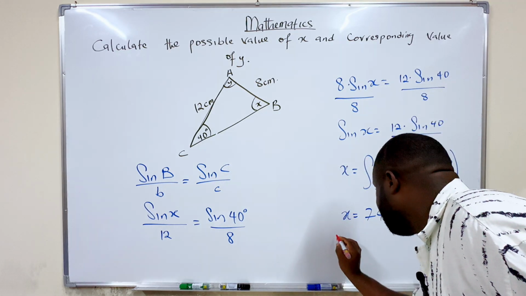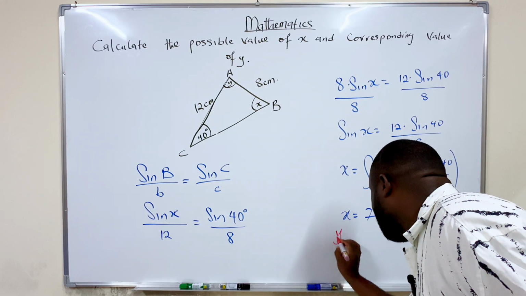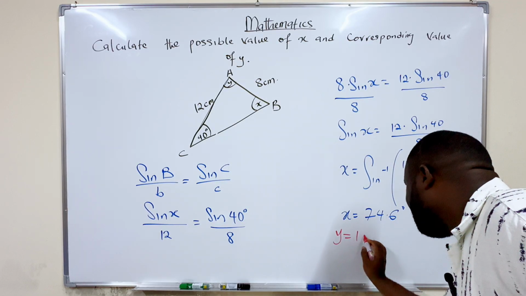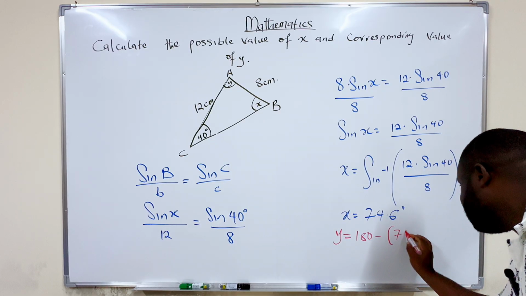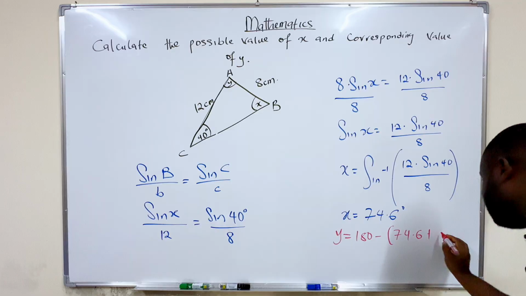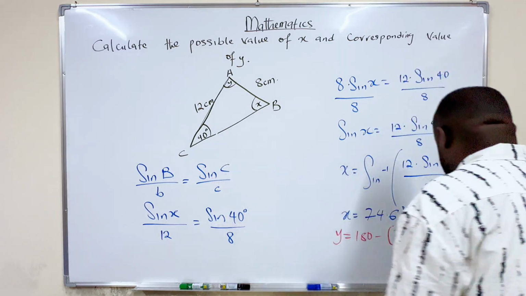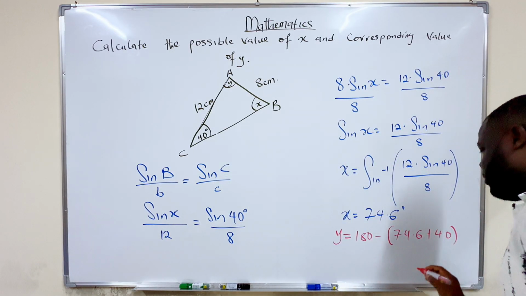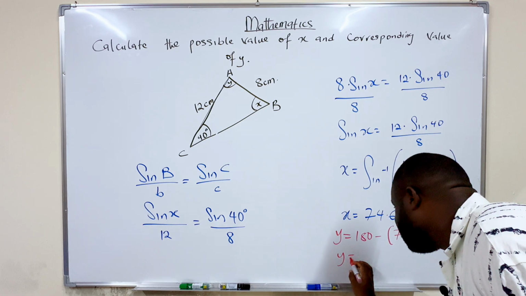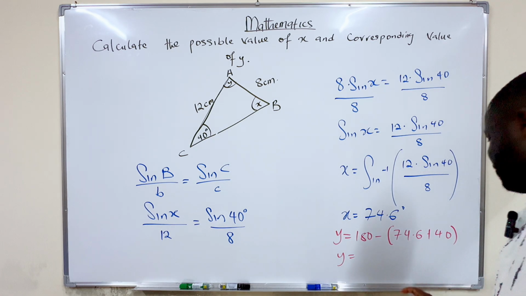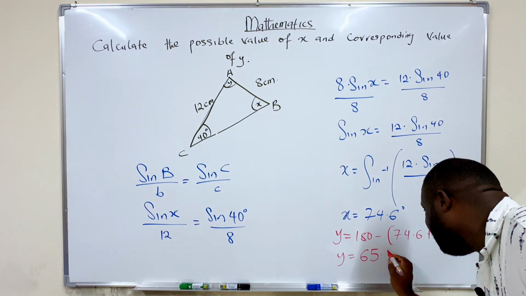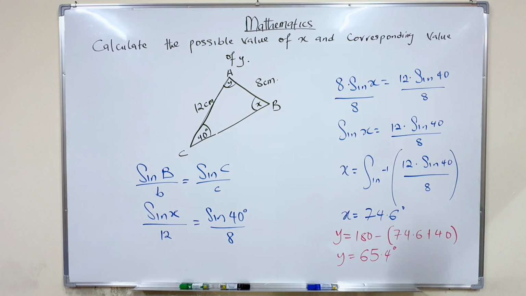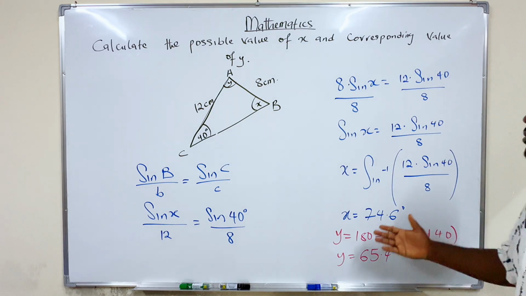So y is going to be 180 minus 74.6 plus this angle here, 40. When you plug this in your calculator, y is going to give you 65.4 degrees. And that is how you can find it.